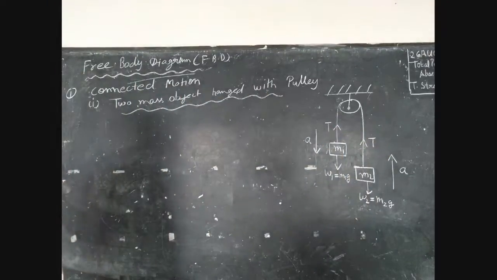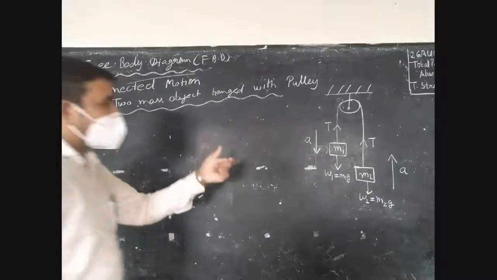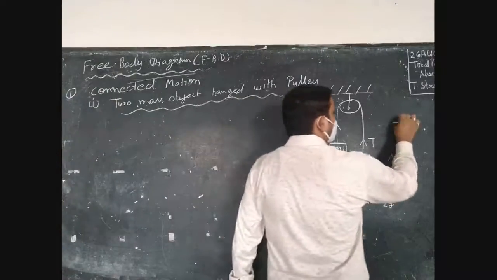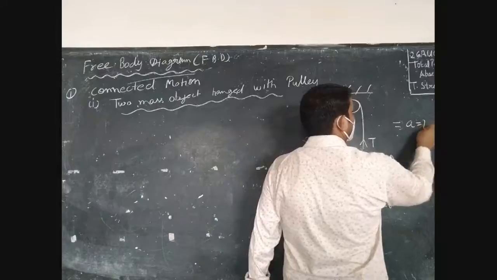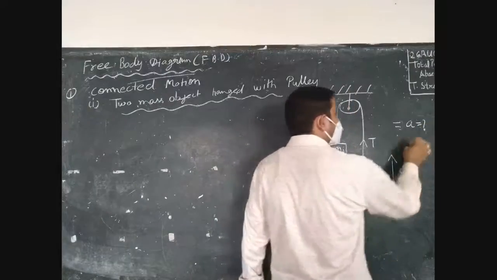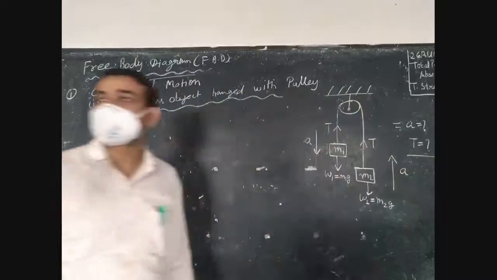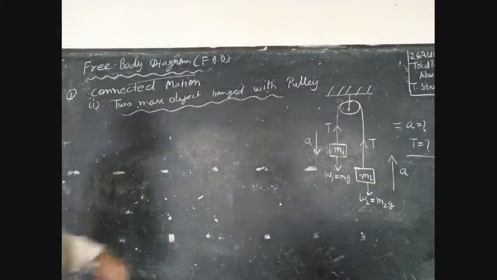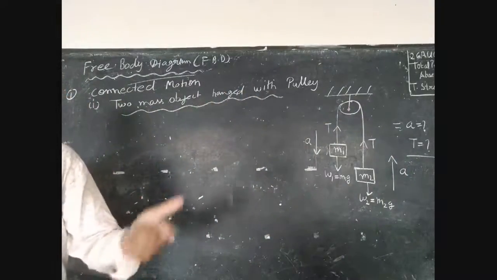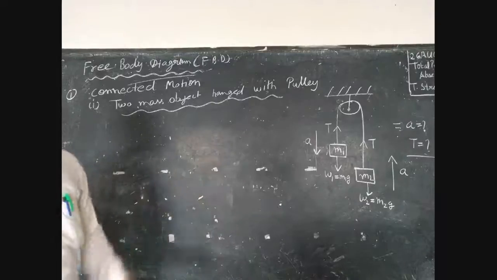Now for calculating the value of the acceleration gained by each object and the tension appearing in the string, we need to make a separate free body diagram for each block.